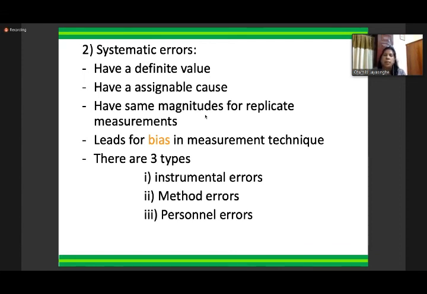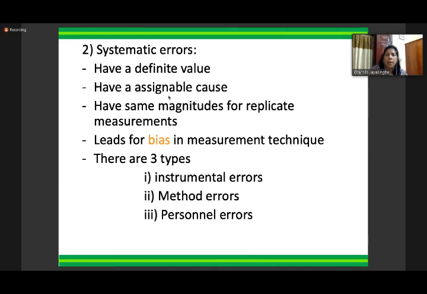This leads to bias in the measurement technique, because we are always getting the same values. Same value means the magnitude of the error is the same. Therefore, whatever error we get is more or less the same, so we may think that there is no error. Therefore, we may think this is the correct data, because of the systematic error.